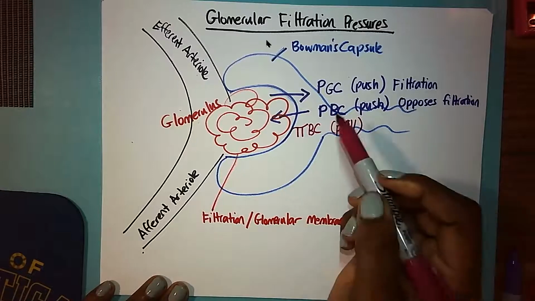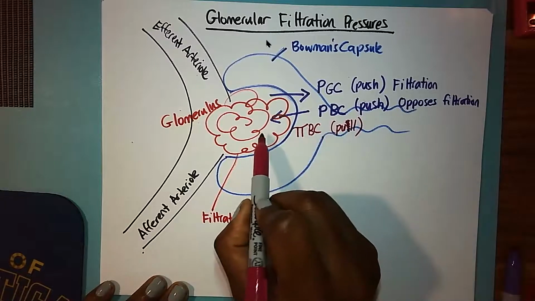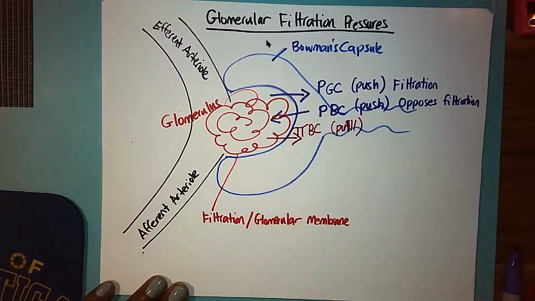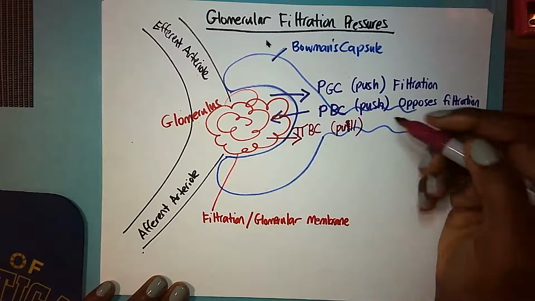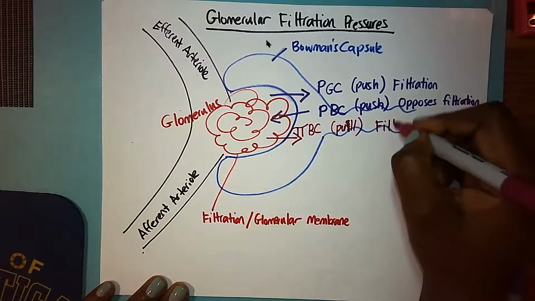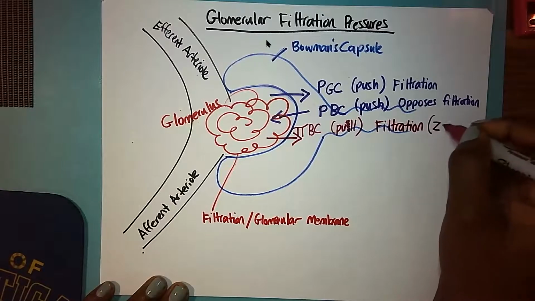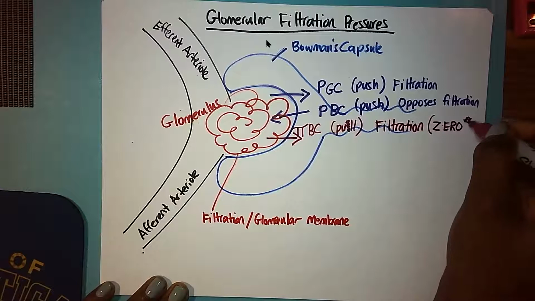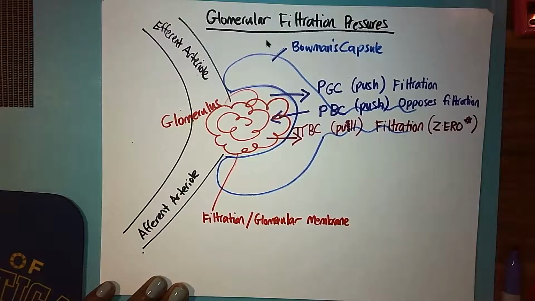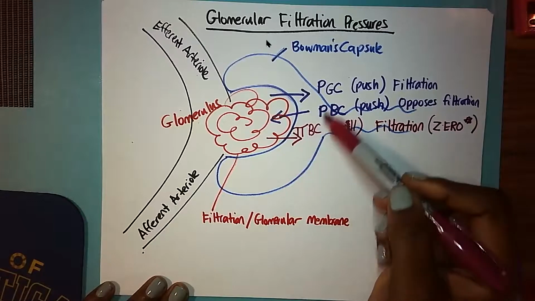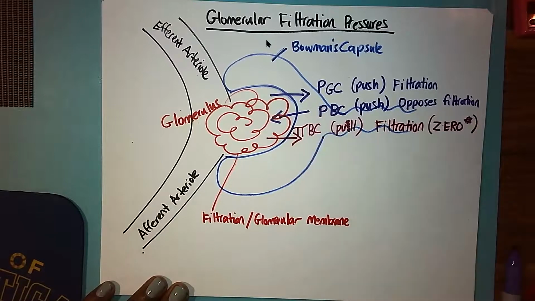And because it's pulling fluid from the glomerulus into the Bowman's capsule, so this direction, this is going to be favoring filtration. But remember we said this is always 0. Okay, make a note of that. Always 0. And we described why, because there aren't any proteins in the Bowman's capsule, so there should be no oncotic pressure pulling fluid from the capillary.